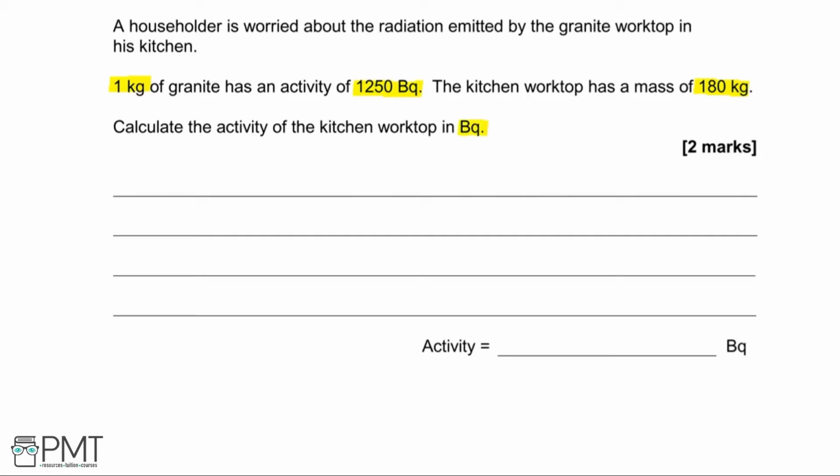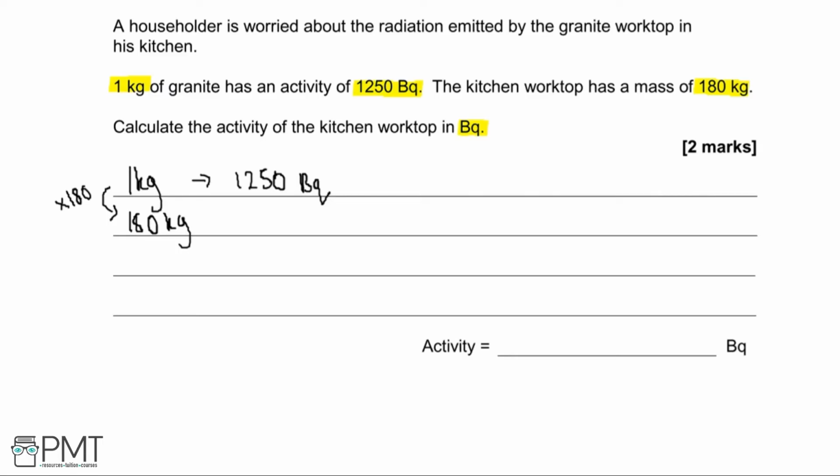So, Bq, becquerels, is a unit of the activity of a radioactive source. So they've told us that for 1 kilogram of this granite material, the count rate is 1,250 becquerels, Bq. Therefore, this worktop has 180 kilograms, so what we've done to get from here to here is multiply by 180.